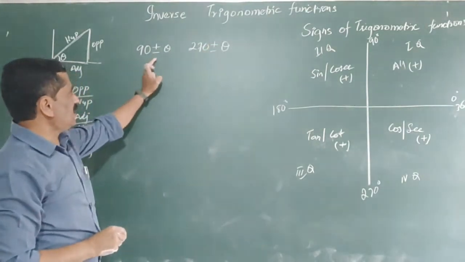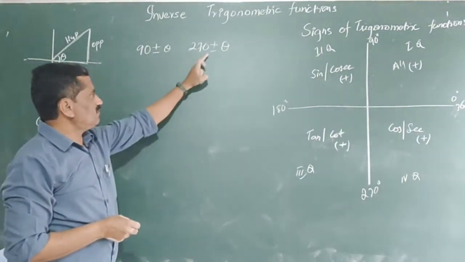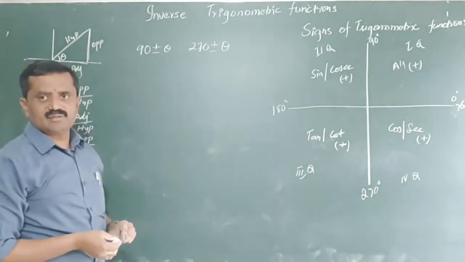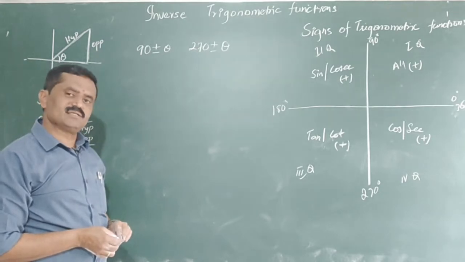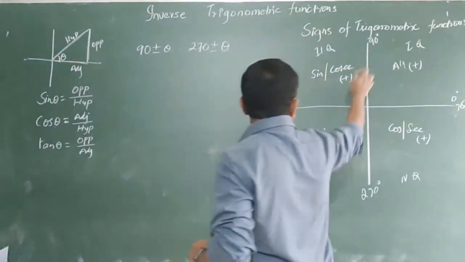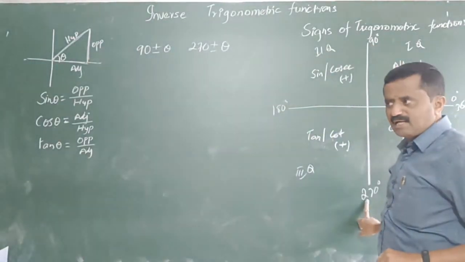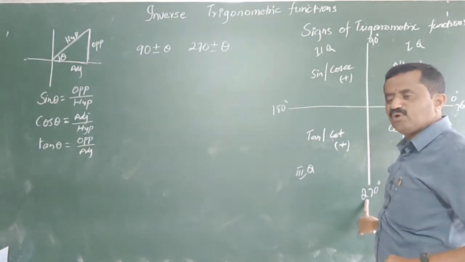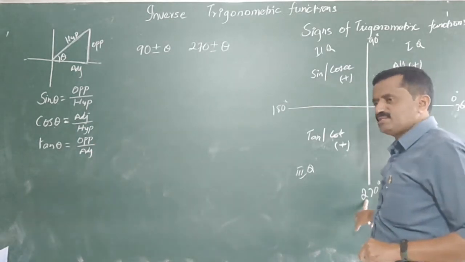For 90 plus or minus theta and 270 plus or minus theta, the ratios change to their co-ratios, or the functions change to their co-functions.